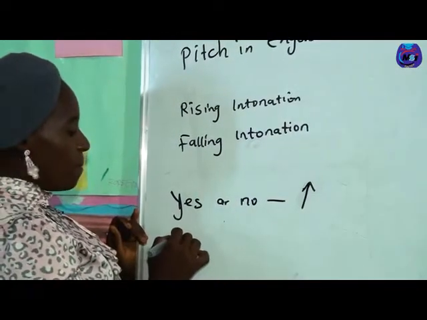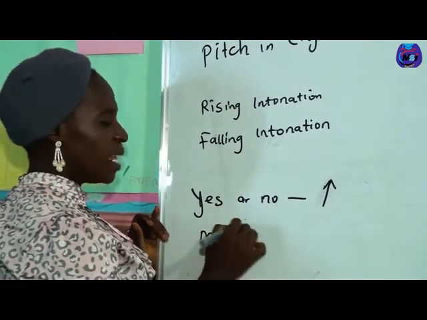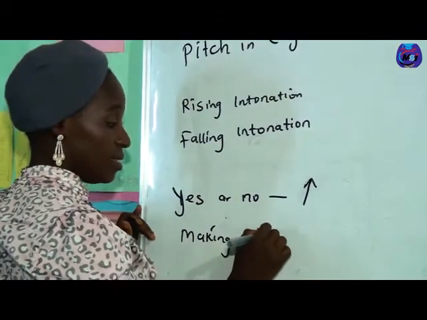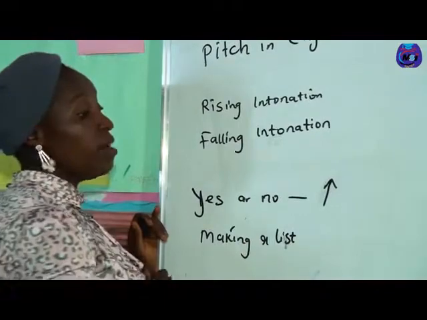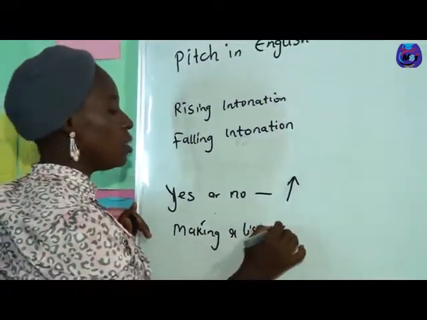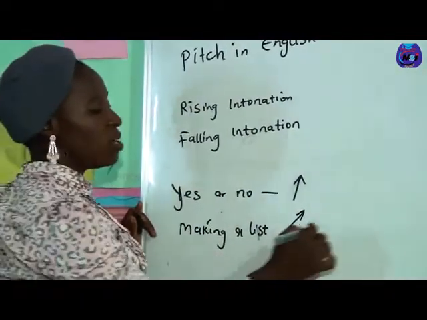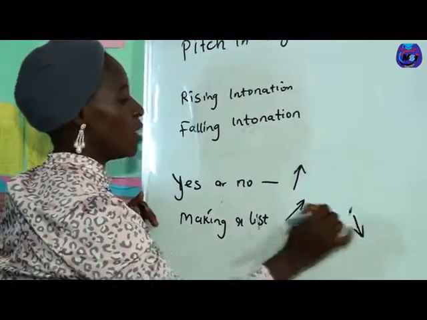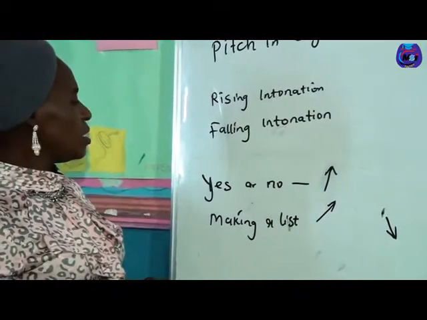And when you are making a list, not the final list, just the list, but not the final list, okay? You make your list using a rising intonation. However, the final item on the list has to be on a falling intonation. We'll get to that. Okay, so where else can we use the rising intonation?